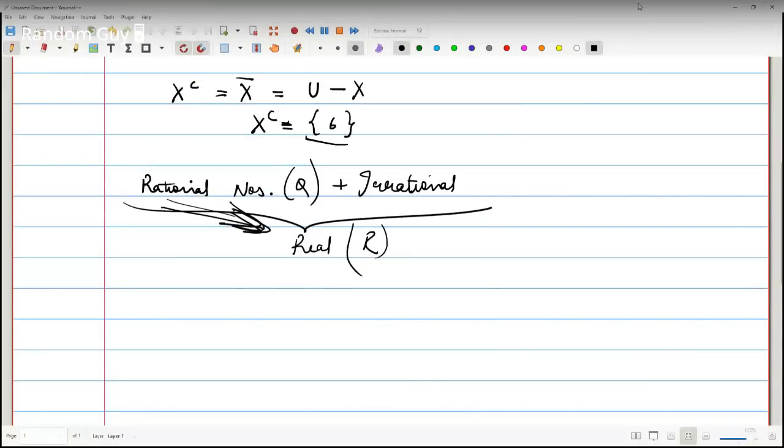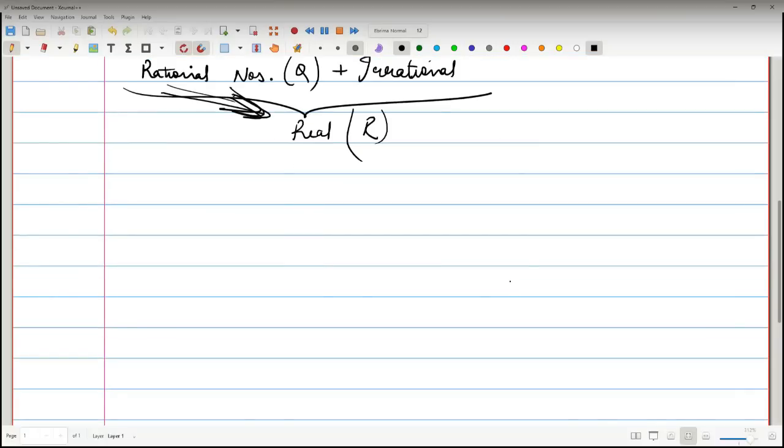Yes. See, the smallest set was natural numbers, right? Natural numbers only included 1 to infinity. This is fine, right? When you add 0 to this, it becomes whole numbers.